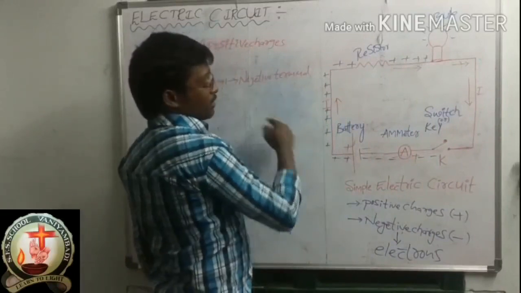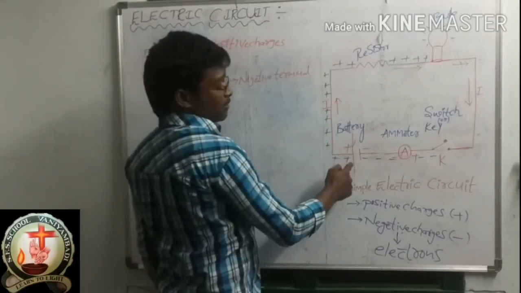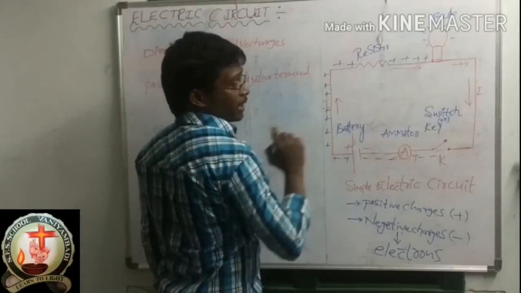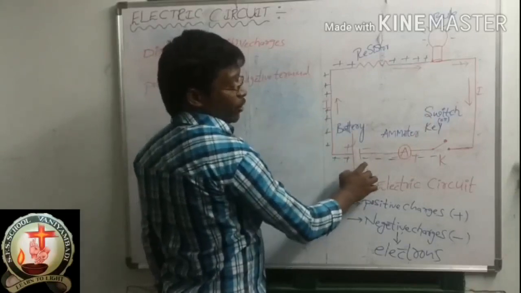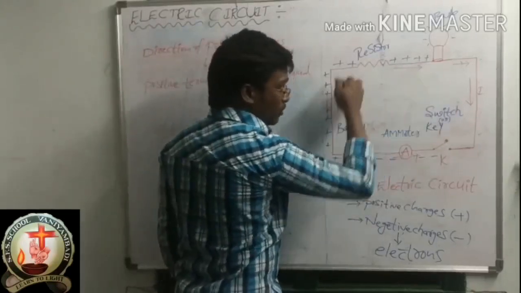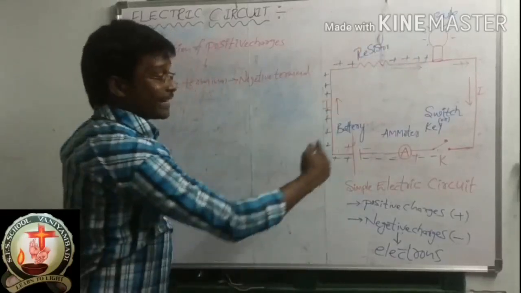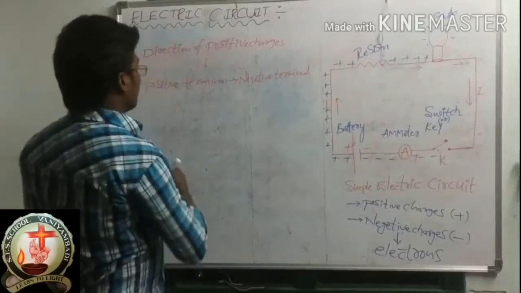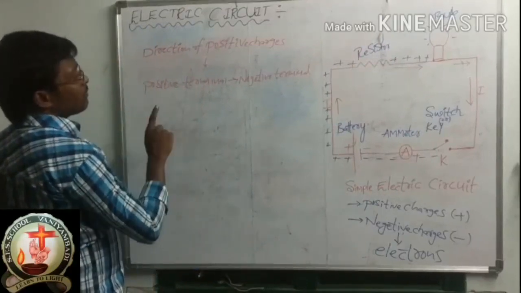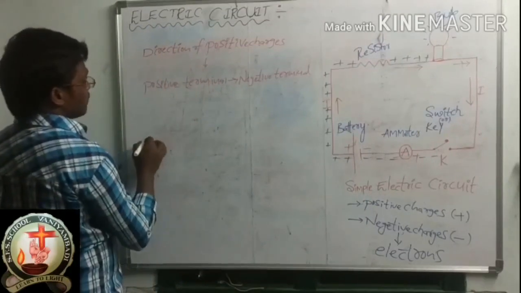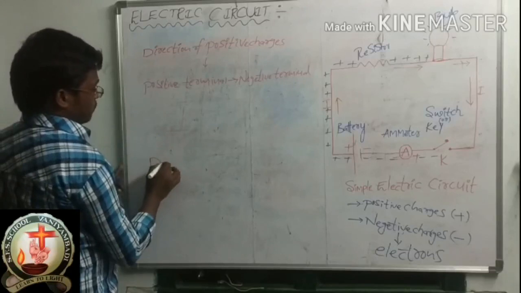Okay. So, what is the direction of the positive charges? From positive to negative terminal. What is the direction of the electrons? From negative terminal to positive terminal. Okay, negative to positive. So, what is the direction of electrons?